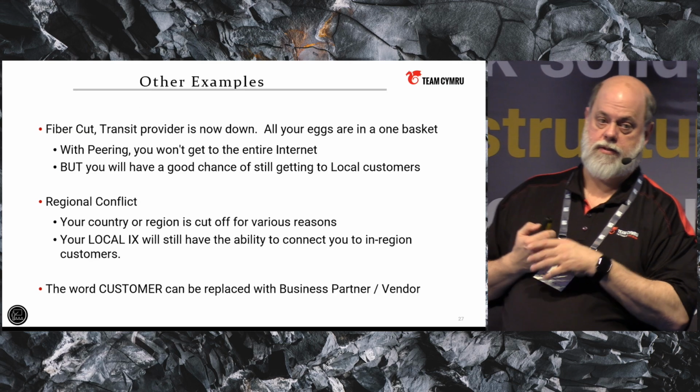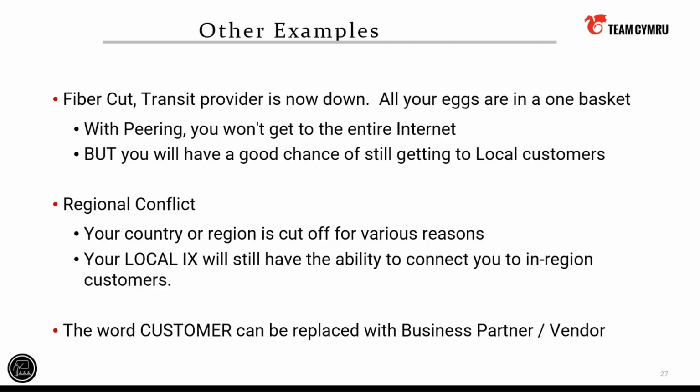So, other examples: a fiber cut or your optical transport equipment melting down, right? All of your eggs are in one basket if you have a couple of transit providers. Even if you have 2 or 3 transit providers, one of the things you have to think about is, are those transit providers going into the same sheath on the same fiber cable that's in the ground? Because there's a lot of consortiums that will build fiber, and member A gets the first 12 strands, member B gets the second 12 strands, and member C gets the third 12 strands.